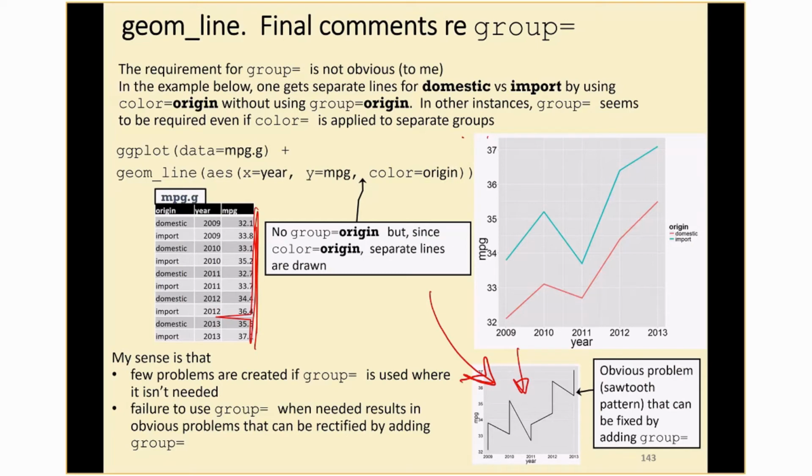So the bottom line is that if you're doing a line plot with geom line and you get something that looks really, really weird, then perhaps you should ask yourself, maybe I should have used group equals.